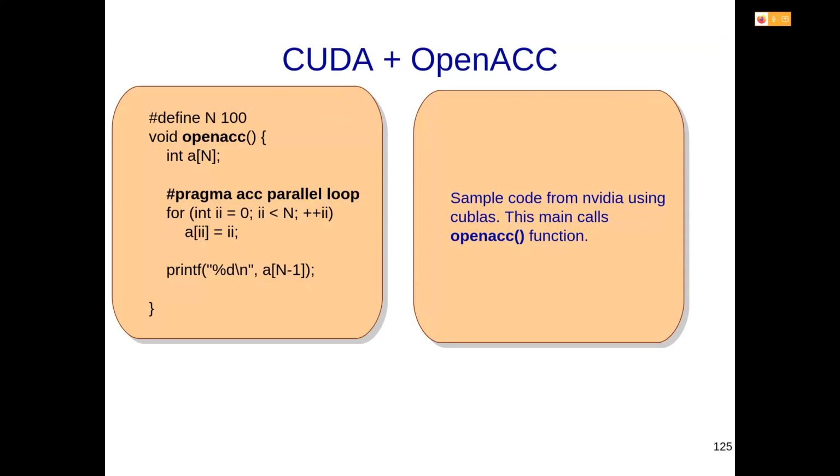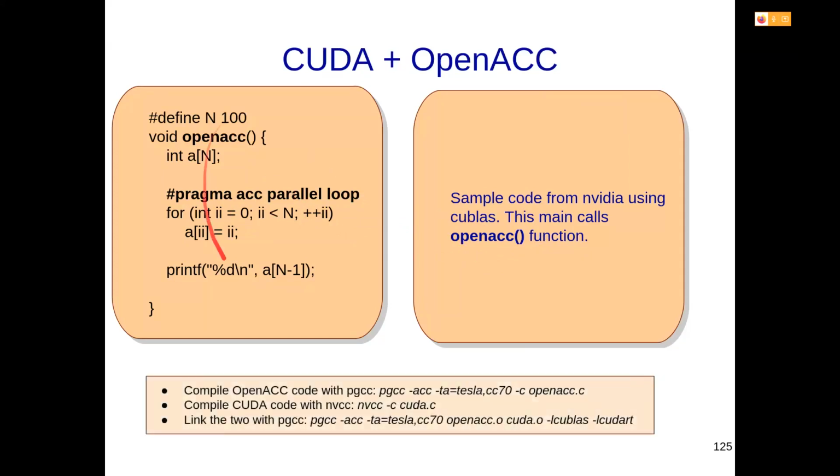So what we need to do is to have these two codes separately written. Let's say this is openacc.c and this is cuda.c. And I then need to compile these separately using different compilers. Right? So this OpenACC code I will compile using PGCC, and the CUDA code, which uses cuBLAS, I compile using NVCC.